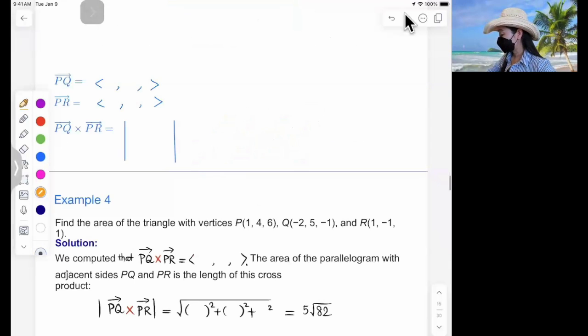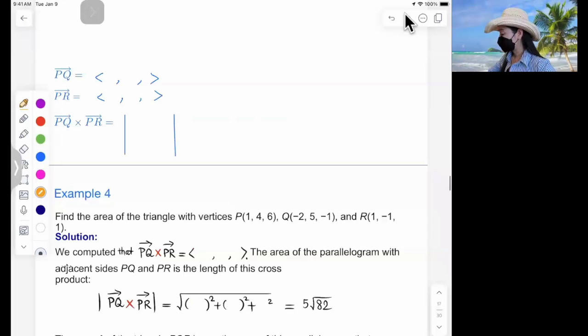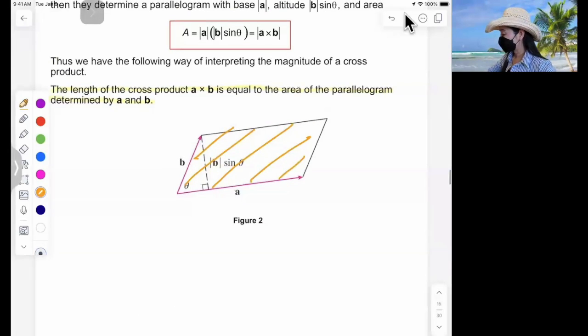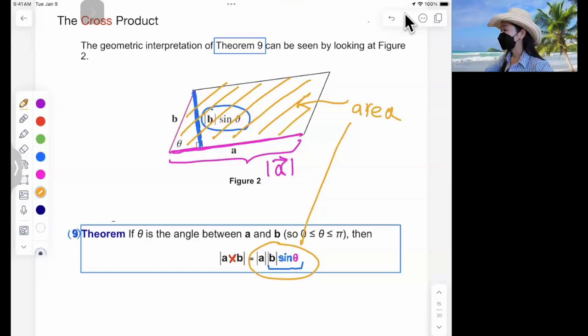I thought it was just A and B's area. Not including the sine theta? You need the sine theta here. The magnitude B is this one, but the height of the parallelogram is this one: the magnitude B times sine of theta.